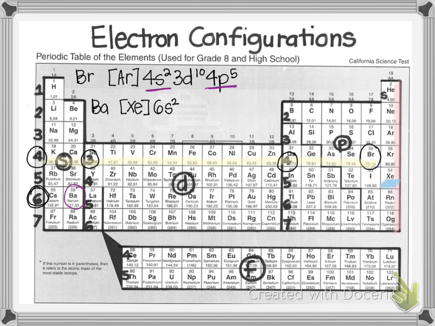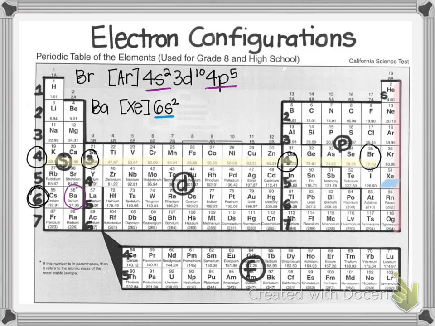So it's very helpful, especially for these large ones. And so there's my valence electrons, and there's 2 of them, which makes sense because barium is in group 2A or group 2.